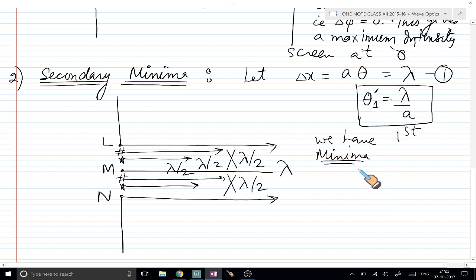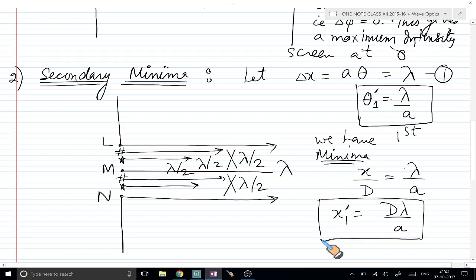As theta was x upon capital D, which is lambda by a, x comes out to be D lambda by a. It is a dark fringe, and the first dark fringe, first means 1 and dark means dash. So we have a first minima at D lambda by a, positive for above O and negative for below O.